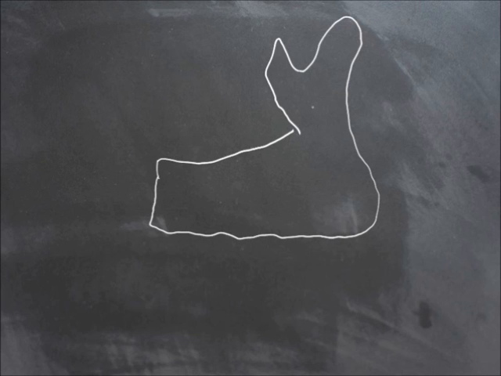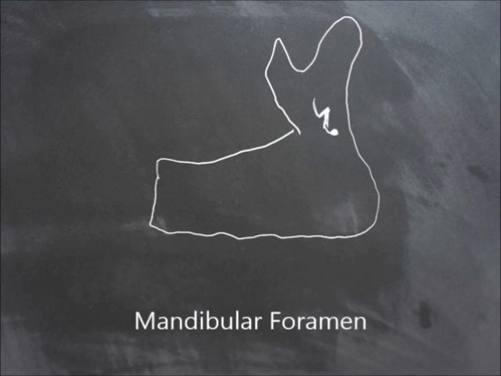Coming down here, you have a hook. This hook bit is called the lingula. And then you have a foramen just underneath, and this one is called the mandibular foramen. So the foramen on the outside is called the mental foramen, and the foramen on the inside is called the mandibular foramen.